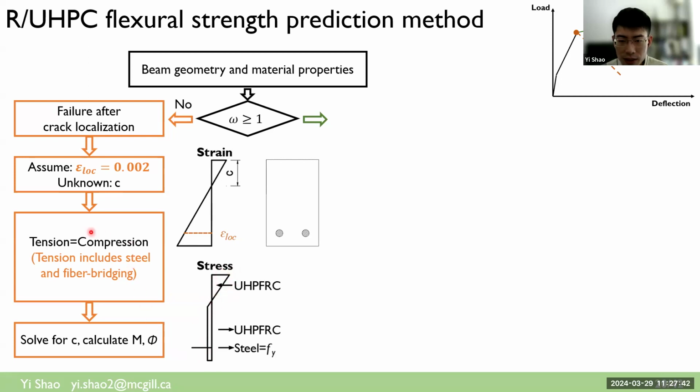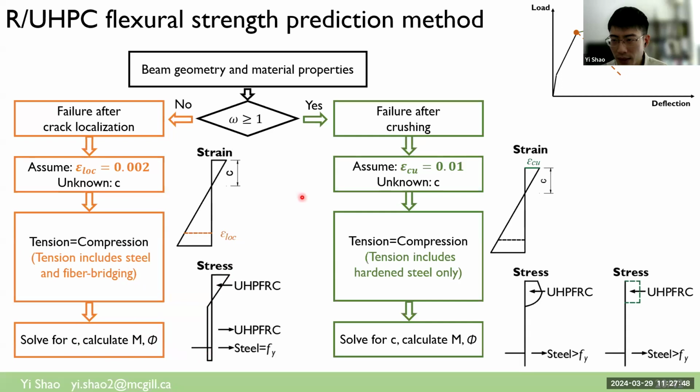And then, based on the first equilibrium, we can solve for the unknown variable C and calculate the moment and curvature. And then if omega is larger than 1, we know that the UHPC crack localization stress loss can likely be compensated by steel strain hardening, so the beam will fail after crushing.